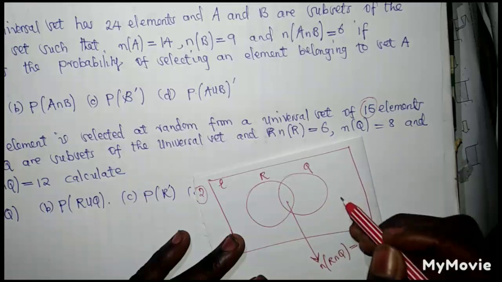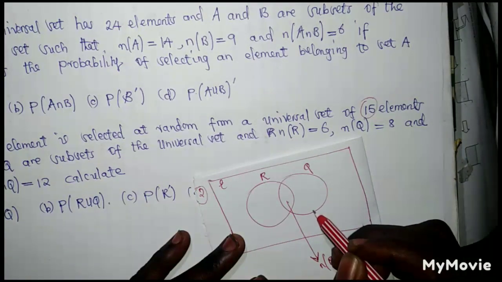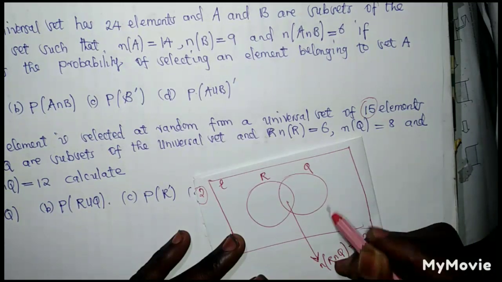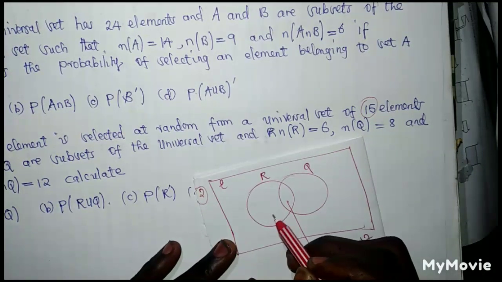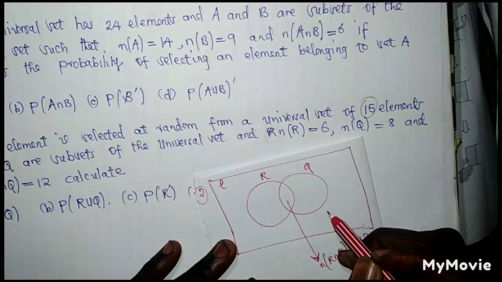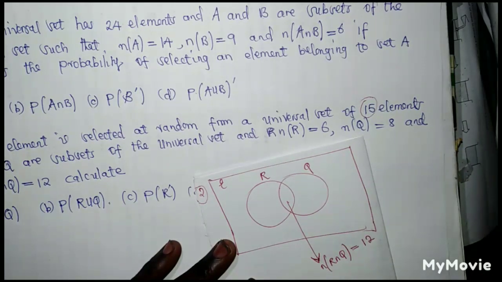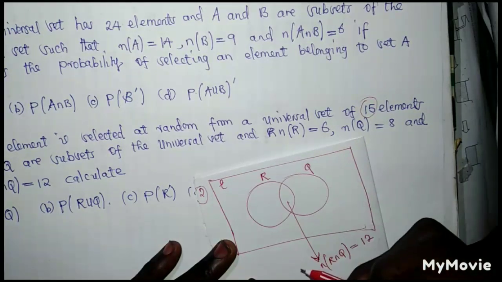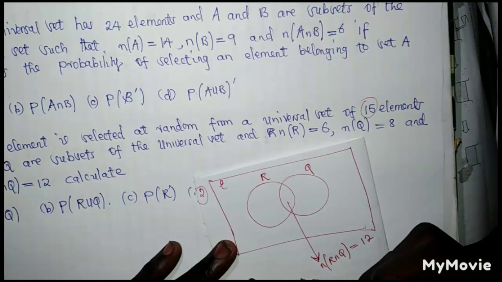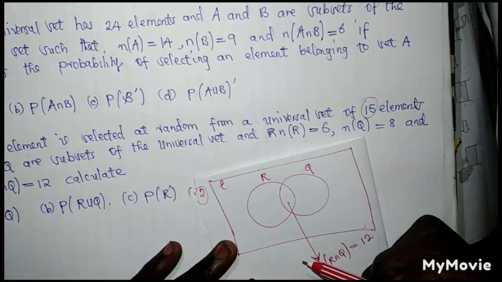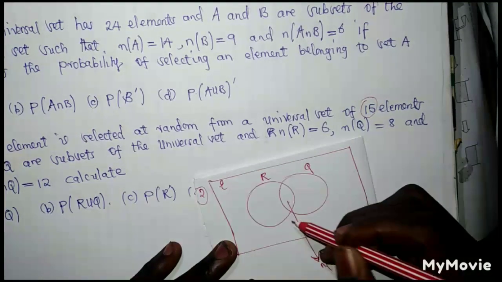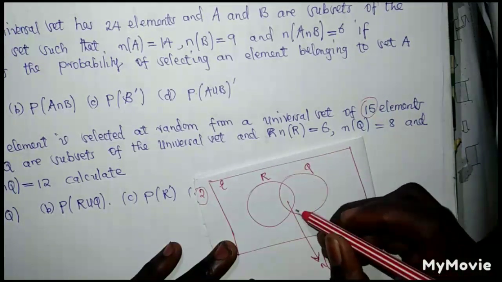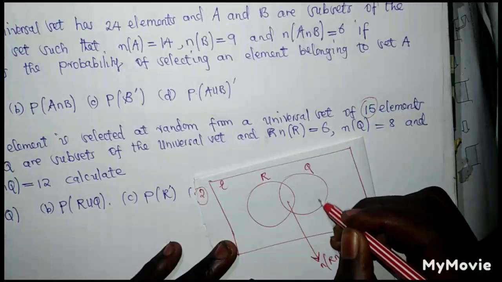And then number of elements in R is equal to 6. So this simply means the number of elements in R intersection Q is equal to 12, number of elements in E. So what this means is that 12 minus 6, it's 6 here.